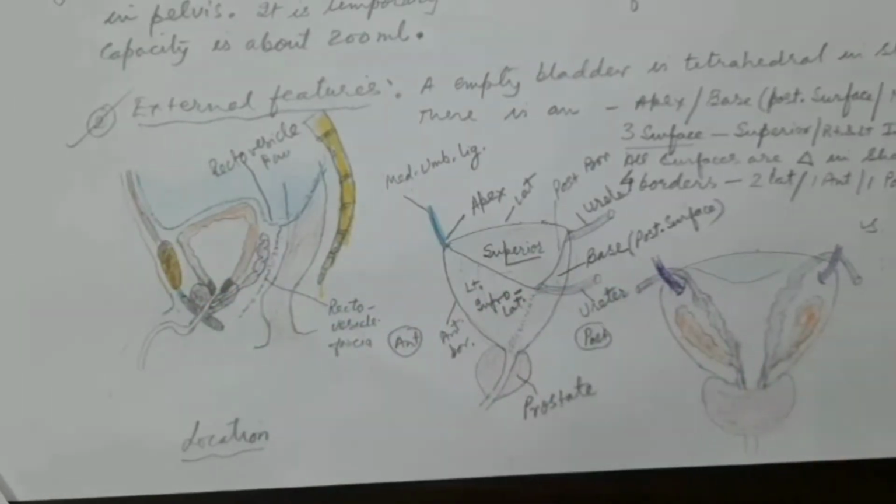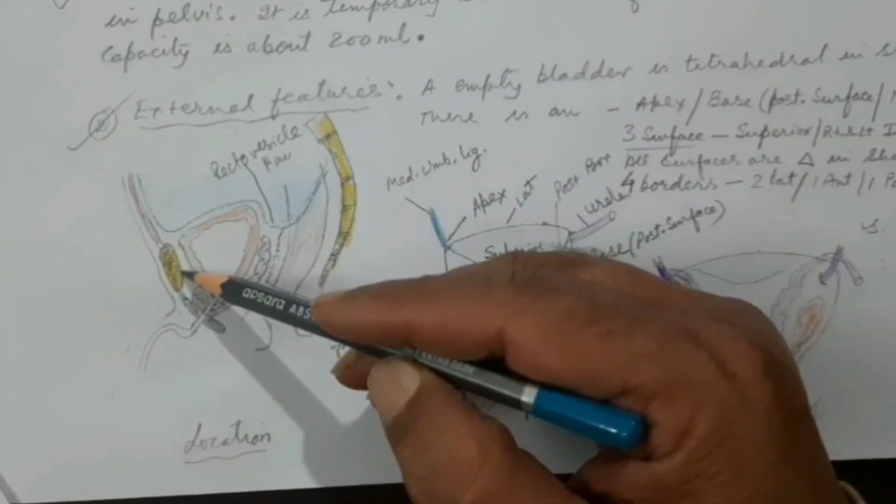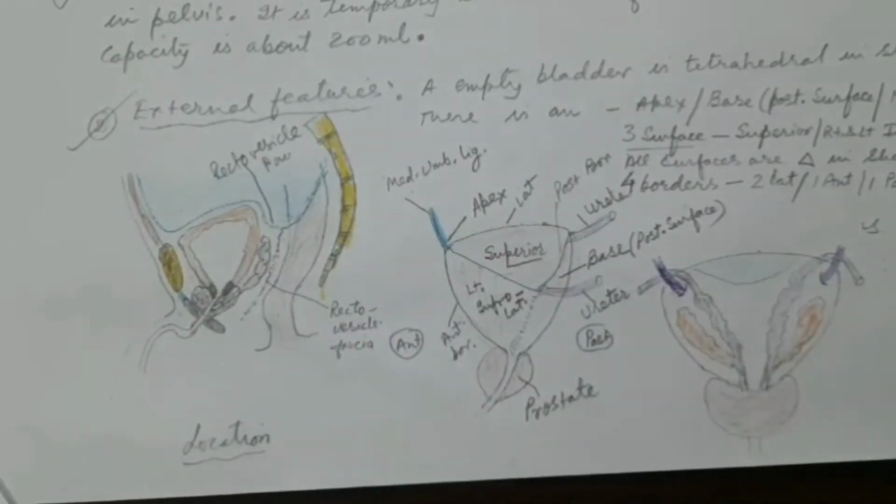So the pubic bone, retropubic fat, in which the puboprostatic ligaments are present in the male, and then there are levator ani muscles.